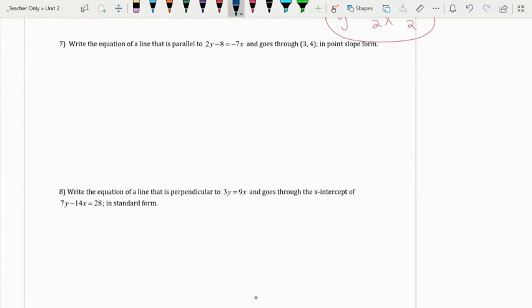Next one, equation that is parallel to this line. Well, we don't know what the slope is of that line until we solve for y. So I would add 8 over. And now I need to divide by 2. So y equals negative 7 halves x plus 4.